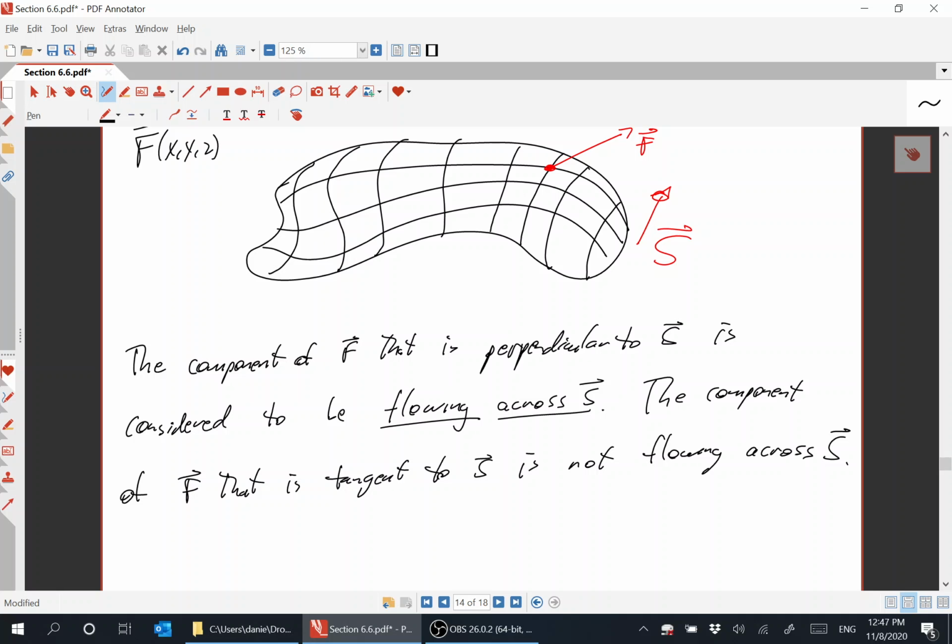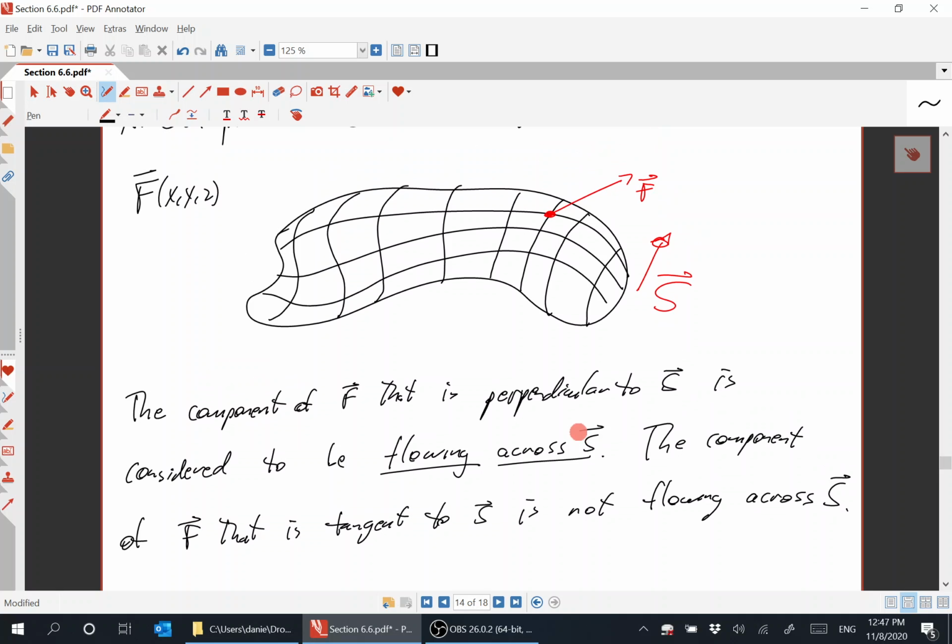So how does one isolate the component of F that's going across S?